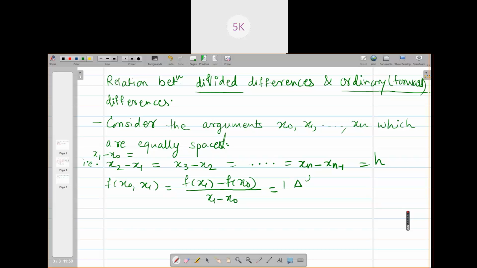It is delta f of what? x0. And what is x1 minus x0? We wrote it here. It is h. So it should be 1 upon h. Okay, 1 upon h delta f x0.